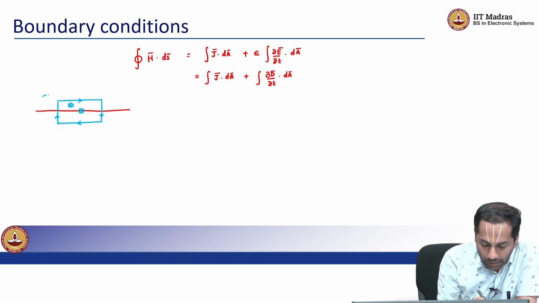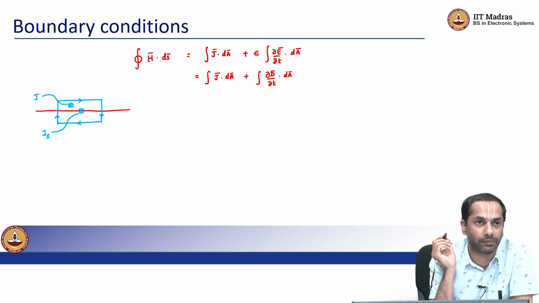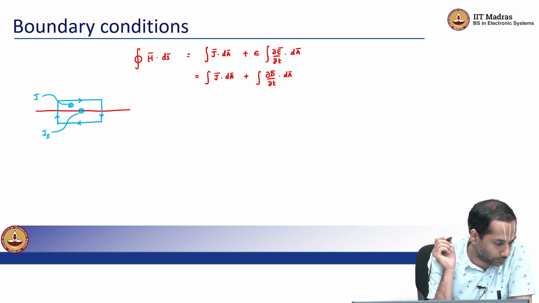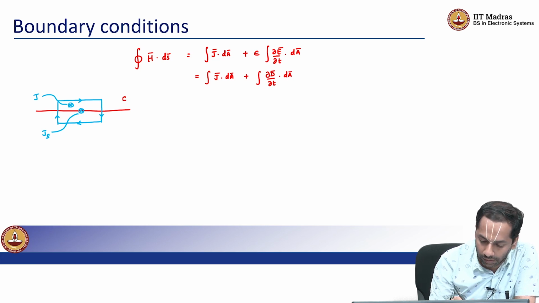Okay, so I'll call this volume current density J, and the one that's drawn at the interface as a surface current density. Okay, so this loop can contain both. Okay, and let's define the two media. So I have my medium 1 on the top and medium 2 at the bottom.